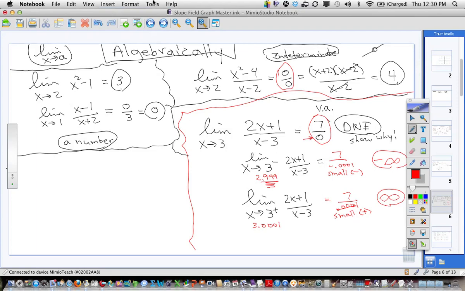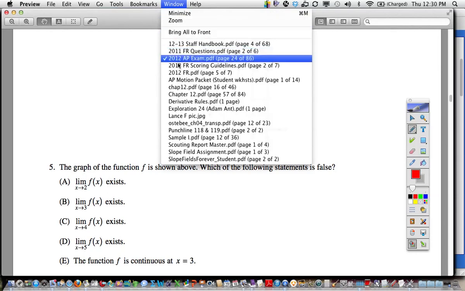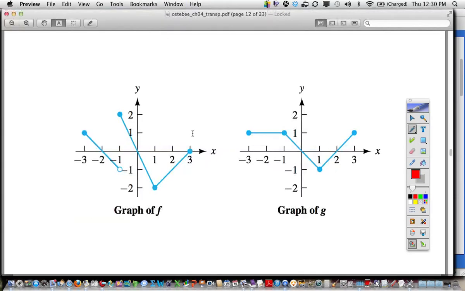But you can get close to 0 in 2 different ways. Matter of fact, in your homework today, there is a problem that deals with this. Right here at 2, this graph is getting close to 0. As x gets close to 2, the y values are getting close to 0. But on the left, they're getting close to 0 from the negative side. So on the left side of 2, we've got some small negative values here.